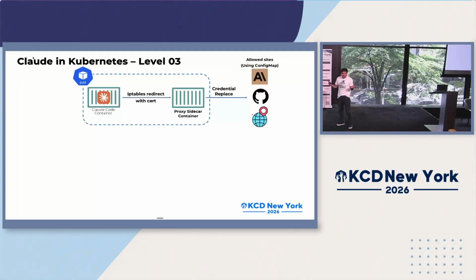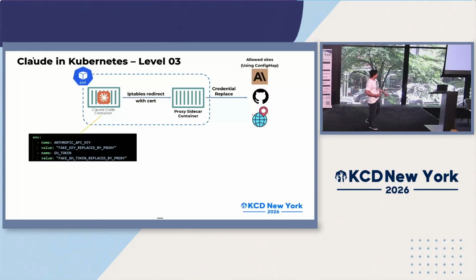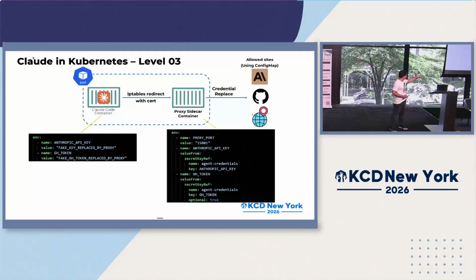The agent just sees I'm going through api.anthropic.com, but because of IP tables redirect with CERT, it goes to the proxy sidecar container. And we are going to replace the actual keys with some fake key. And we will inject the real keys, both for Anthropic and the GitHub, in the proxy sidecar container.